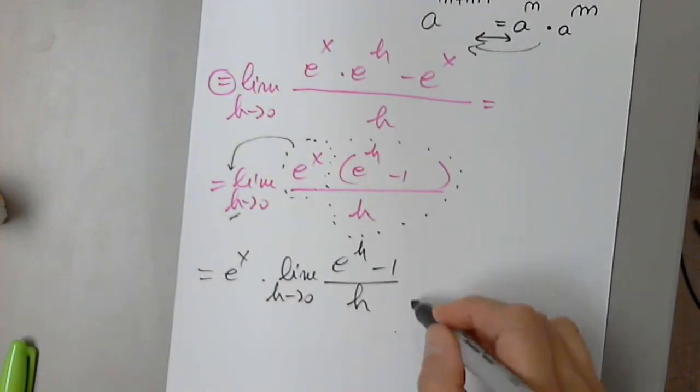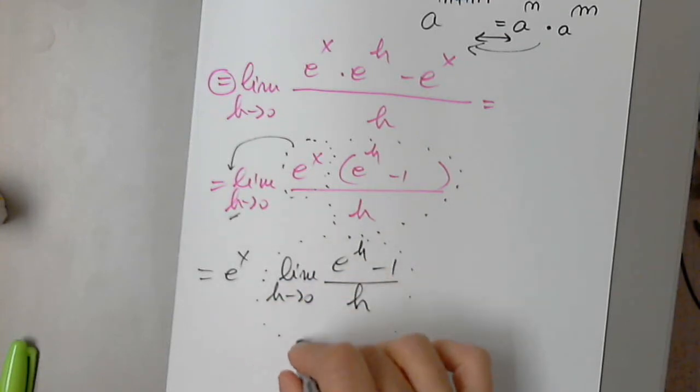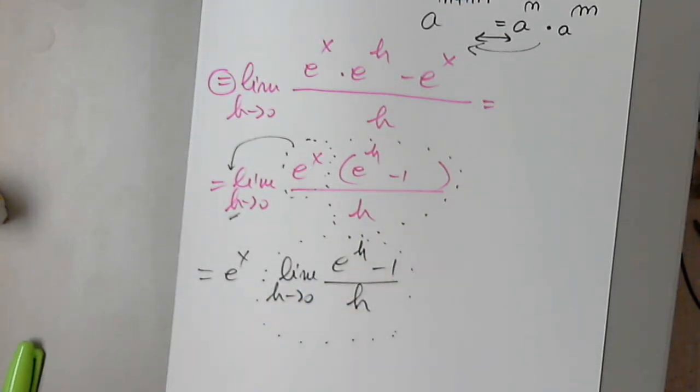as h approaches 0. We do not have enough tools to deal with this algebraically or using calculus, but we have a perfect tool called a graphing calculator, in which let's plug in parentheses e raised to x, we don't have h in the calculator, minus 1, close the parenthesis, and divide by h, which in this case is x.